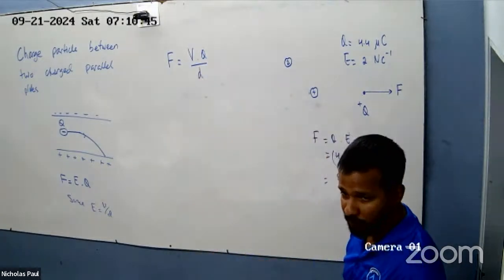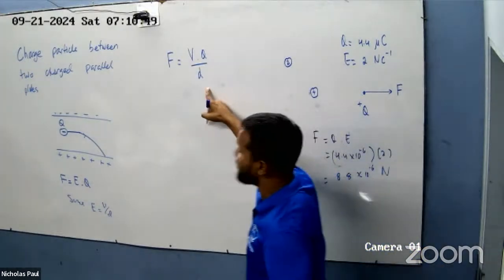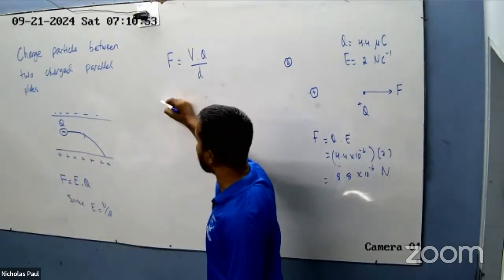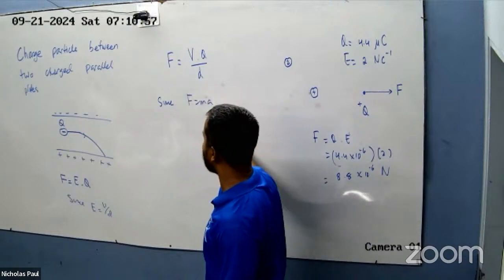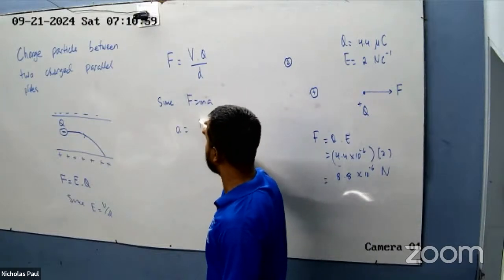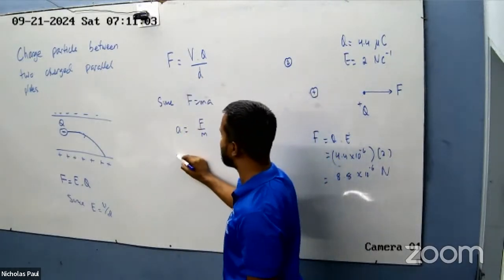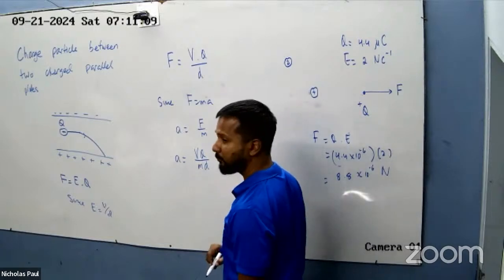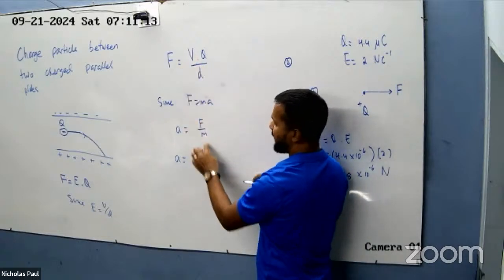Are you okay with that? If I know the force and I find the mass of this, can I find the acceleration? Since F is equal to ma, a is equal to F over m. So if I put F here and divide it by m, I'll get VQ all over MD.